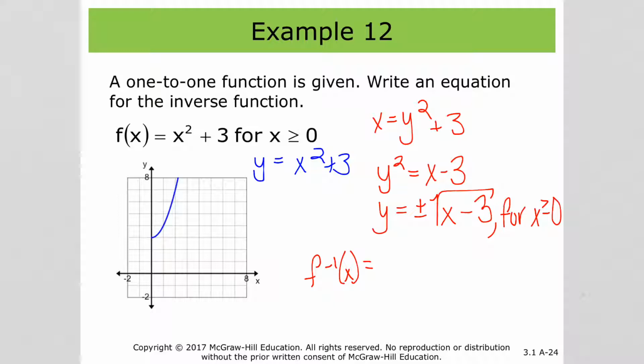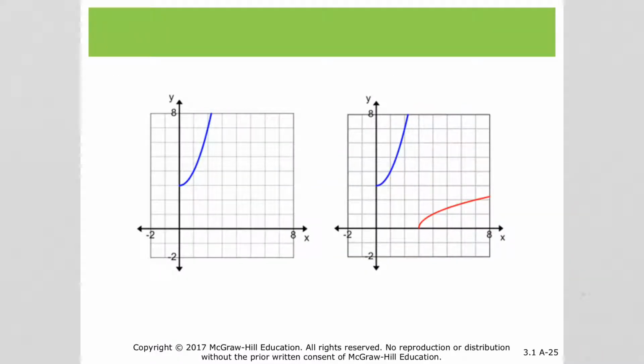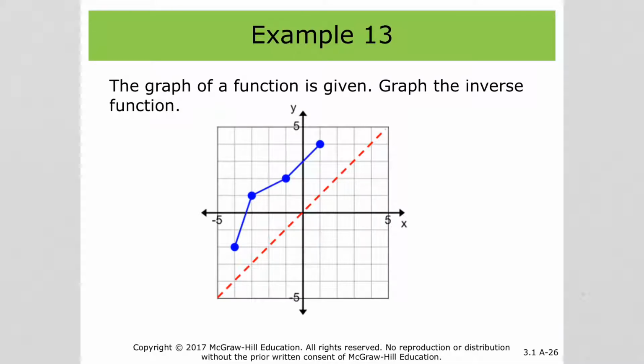If we graph positive or negative, then it's not a function. Okay, it looks something like that. So it can only be the positive part, only positive, the square root of x minus 3. Okay, and there it is.